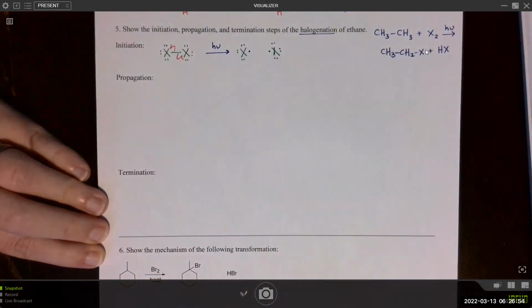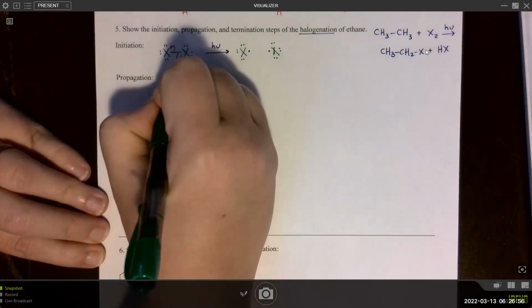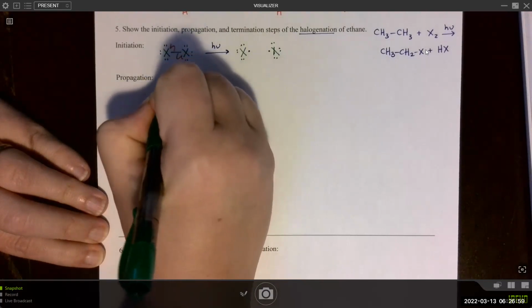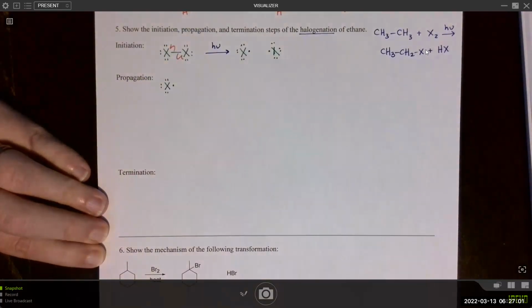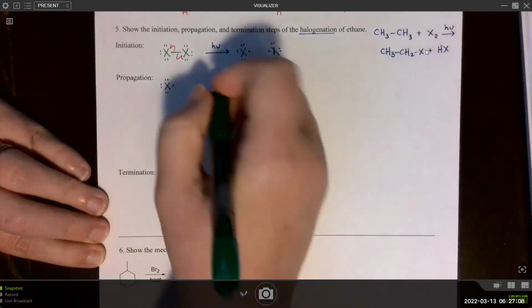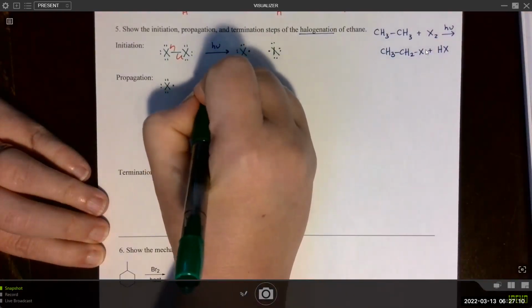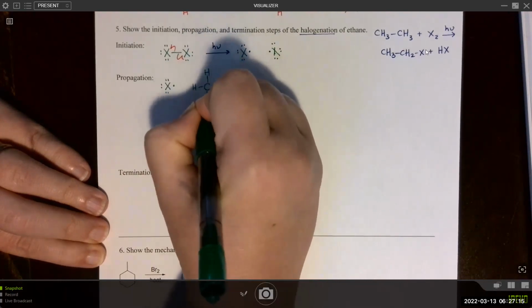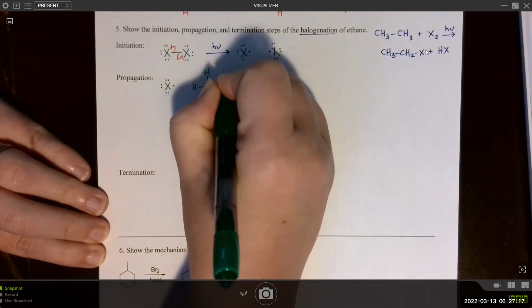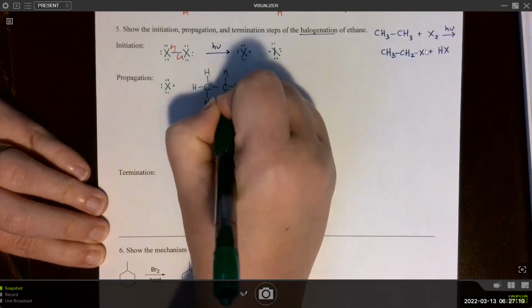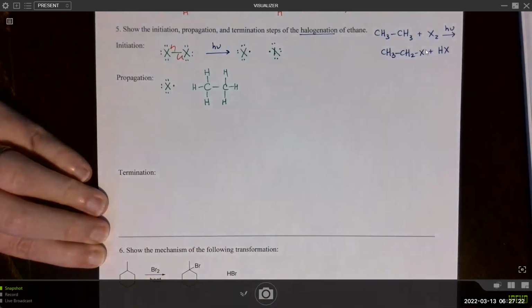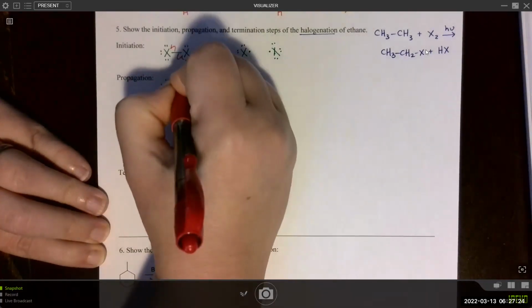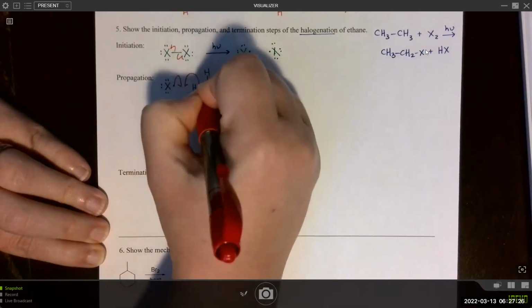And then the propagation steps will involve first hydrogen abstraction followed by halogen abstraction. So we are going to show ethane. We want to show at least one of the hydrogens drawn out, or we could draw them all out, like a Lewis structure. Either way. Again, we're going to show halogen abstraction.